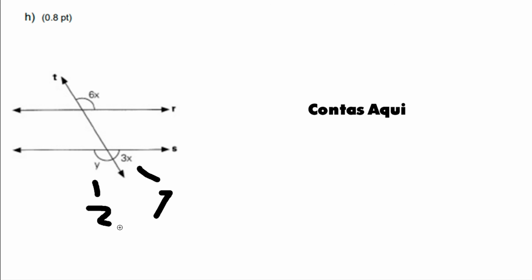So in this case, we create a new angle right here. This angle, which I'm going to call angle 3, is corresponding to this angle right here, which I'm going to call angle 4. So they have the same value. If this one has a value of 6x, then this one is also 6x.